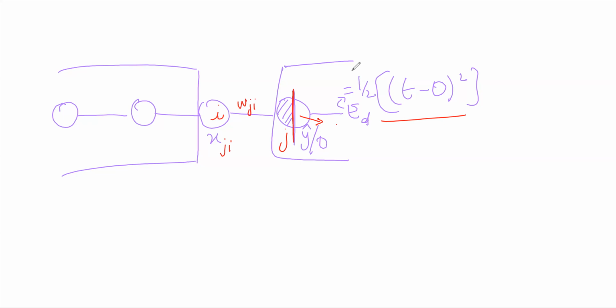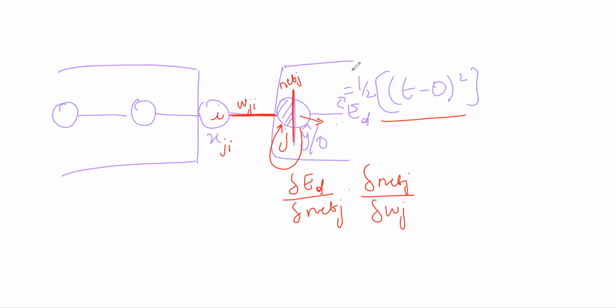When I have to mathematically derive something, the pre-activation was given by something called net_j. So from here to here, I perform the operation delta E_D divided by delta net_j. Now, to backtrack it, I again calculate delta net_j divided by delta w_ji, because I have the weight.